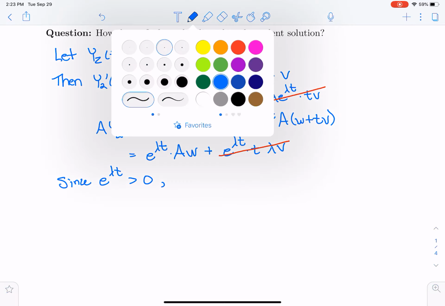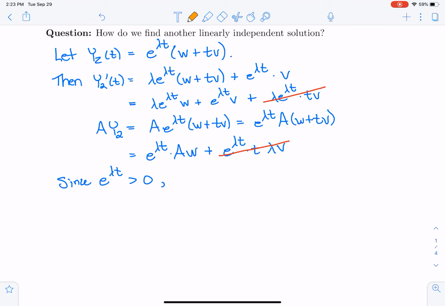What I have left in comparing is that a times w equals w plus t times v. Sorry. A times w is equal to lambda w plus v. Much better.